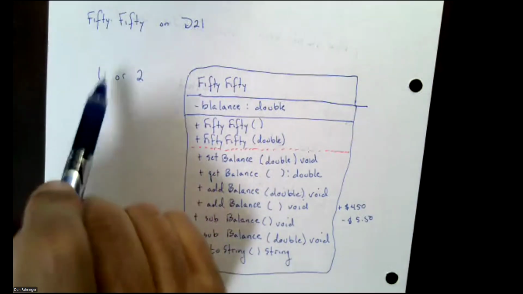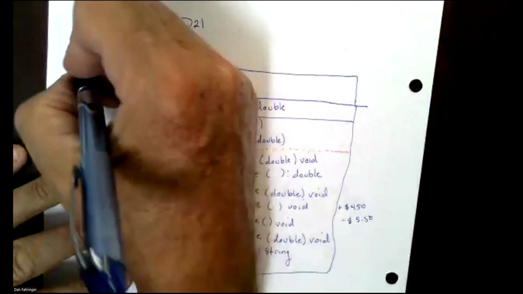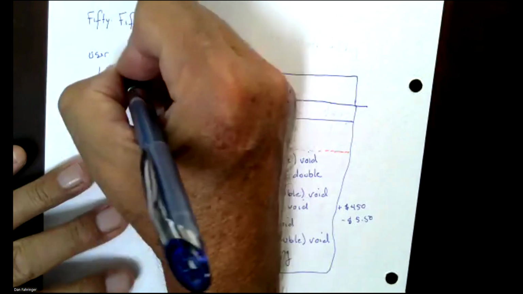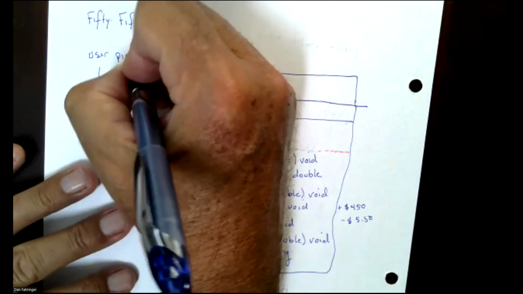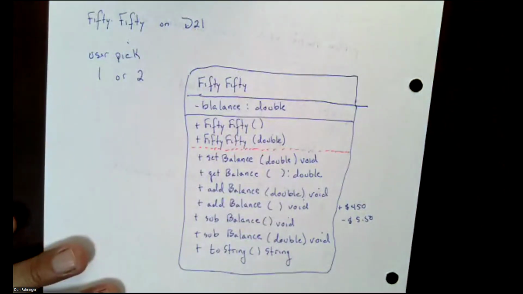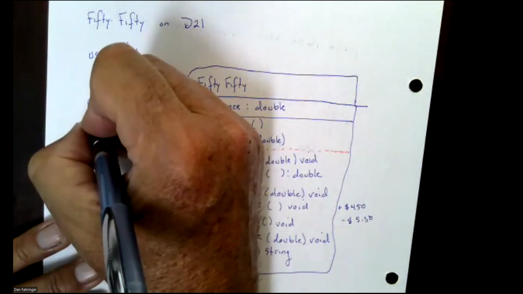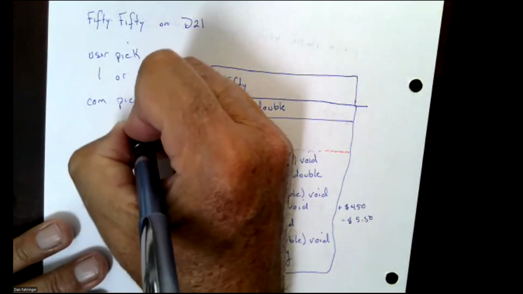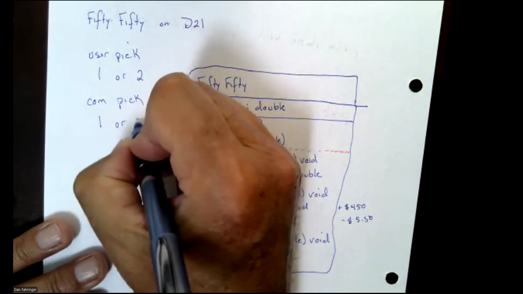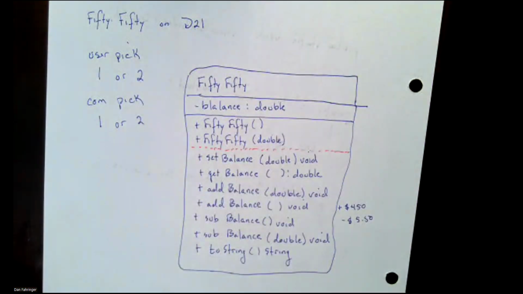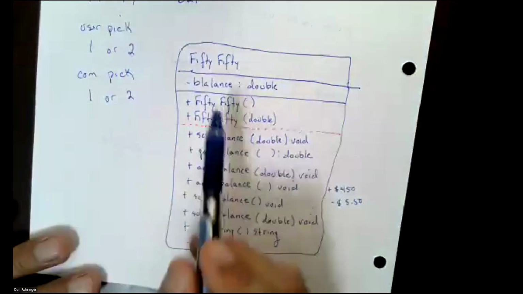You're going to ask the user to pick one or two. Then the computer is going to pick one or two. The game itself is pretty easy. If it matches, you win. If it doesn't match, you lose.